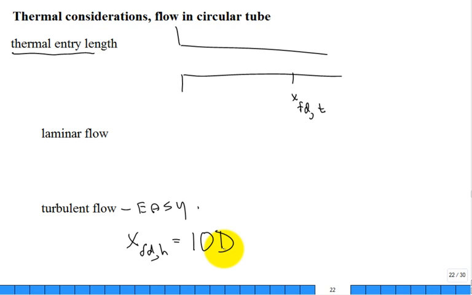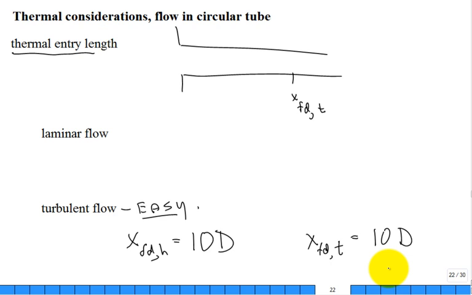You're probably champion at 10 years old, right? Maybe you only got better at 11 or 12, but 13 it went all downhill. Well, guess what it is to be fully developed thermally? I said this was easy. 10 Ds. Why? Because the mechanisms to mix it all up are the same for the velocity or momentum as well as the energy and the heat.